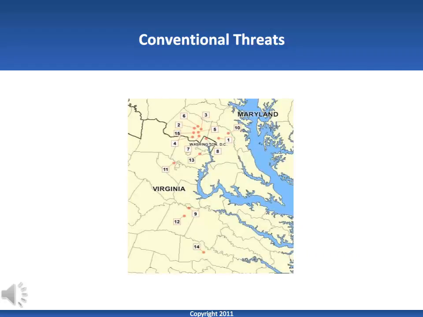So let's look at some of the threats from an attack perspective then that we're talking about, and some of the conventional threats. The map you see on the slide is actually the map of the 2002 DC sniper case, which was a random case where Lee Malvo and John Muhammad terrorized DC with a shooting spree in which 10 people were killed and 3 more were wounded.